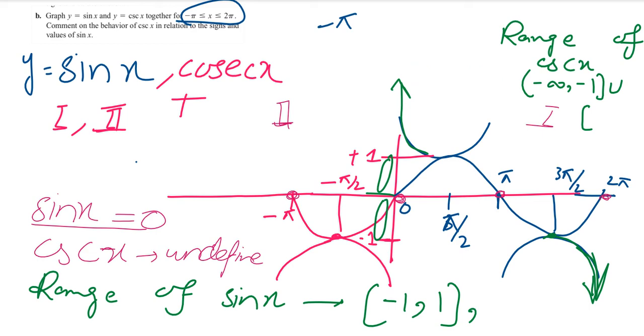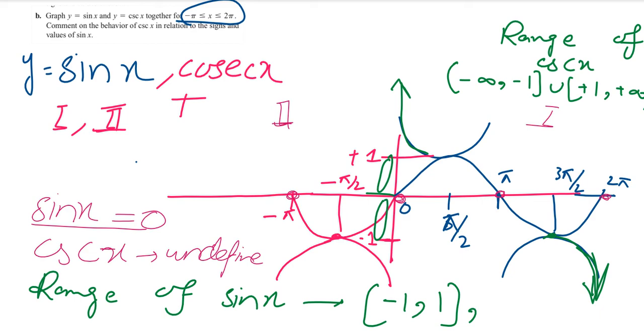Let me just erase this. I'll use this space over here. Union positive 1 and ends up at, it doesn't end up at positive infinity, you just write it.